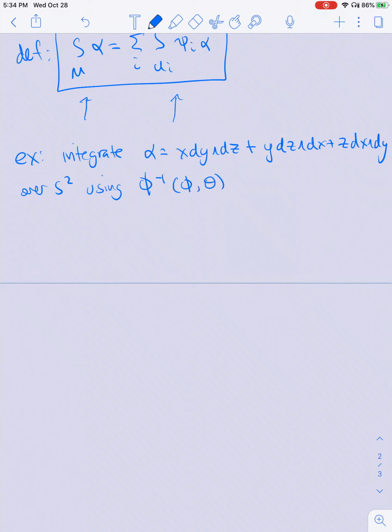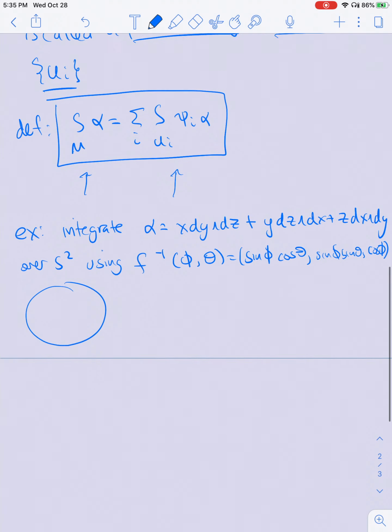Oh, actually, so this is not ideal. I'll use an f instead of a phi because I have a phi as one of my variables. So this is going to be sine phi cosine theta. So this is inspired by spherical coordinates. Sine phi sine theta, cosine phi, as my parameterization.